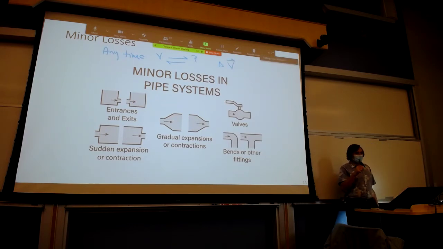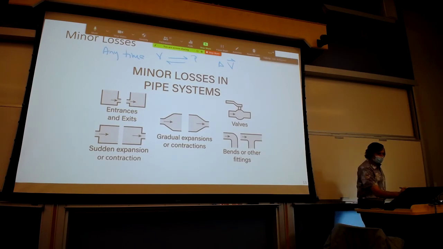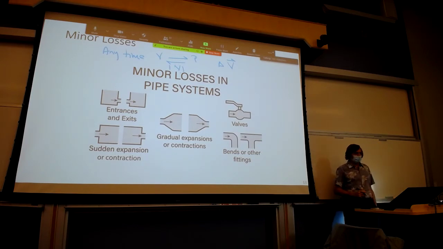Anytime you change the velocity vector. So one way to change the velocity vector is by converting velocity to pressure back and forth. That happens in an expansion, for example.